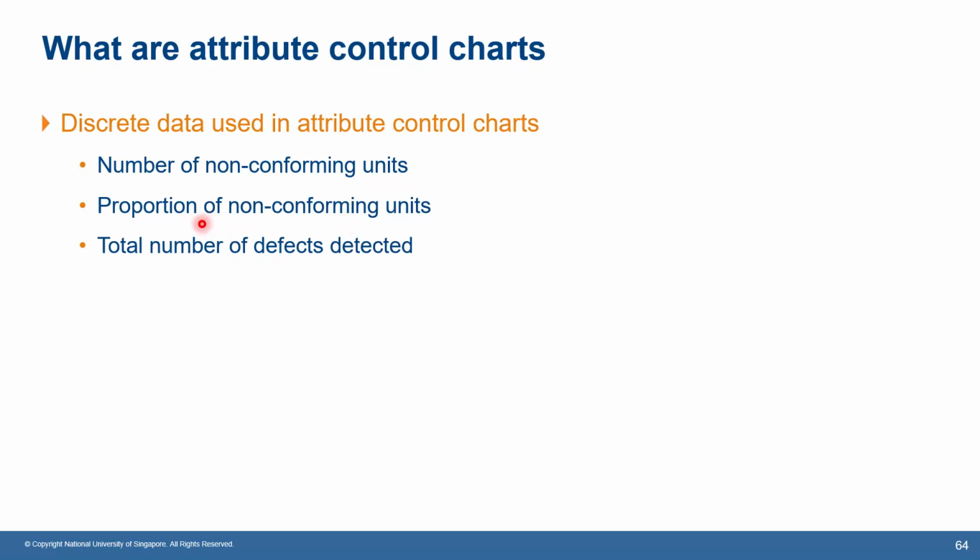This will give you a proportion, and this is also considered a type of discrete data. And if you look at the total number of defects detected, that is also a type of discrete data.